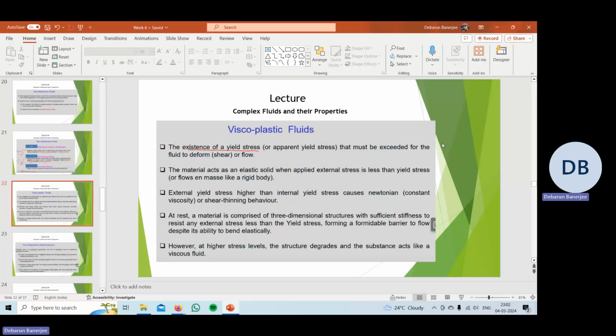External stress higher than the yield stress causes Newtonian or shear thinning behavior. Newtonian means constant viscosity.